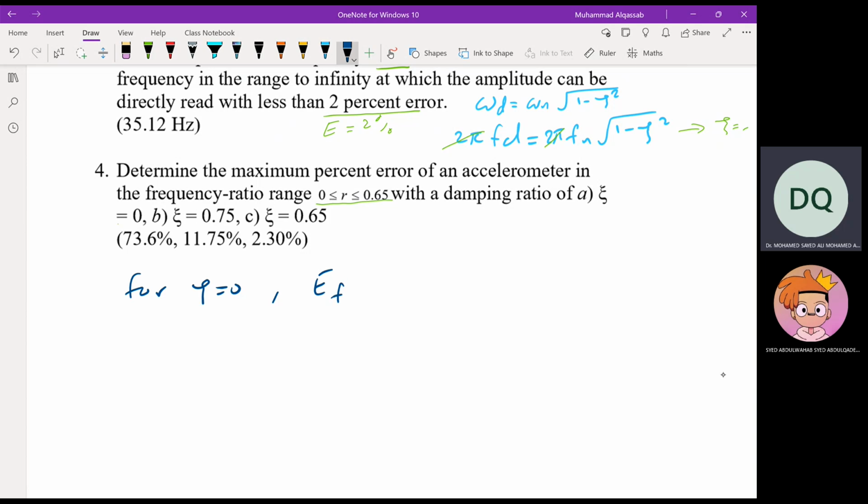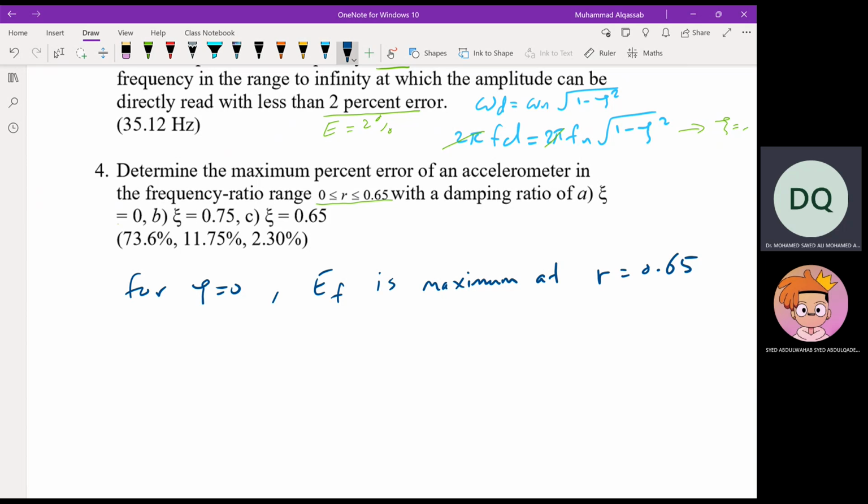So the error factor will be maximum at the end of the range, because the graph is increasing, reaching infinity at resonance. There is no change in the behavior of the graph.